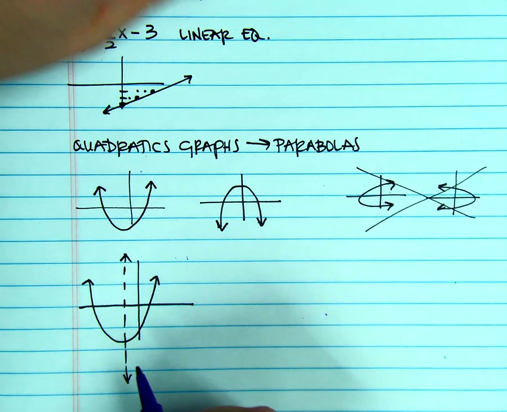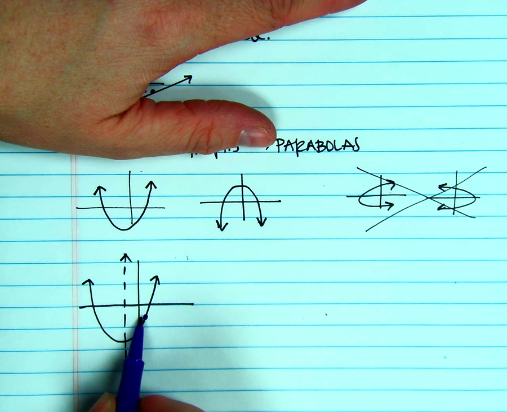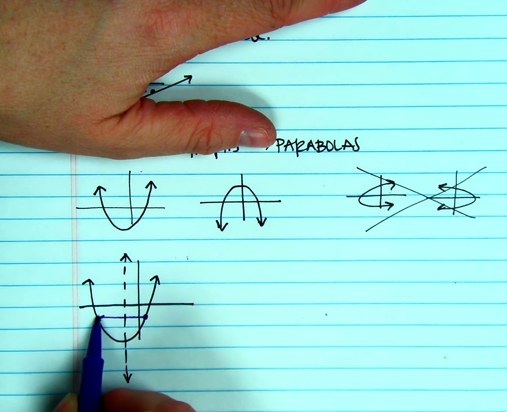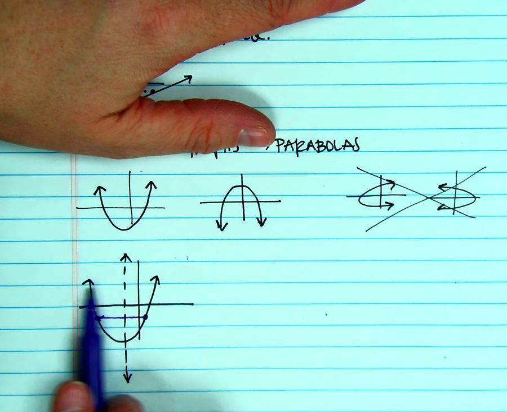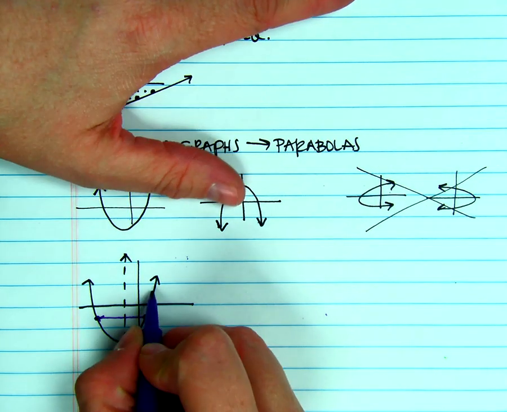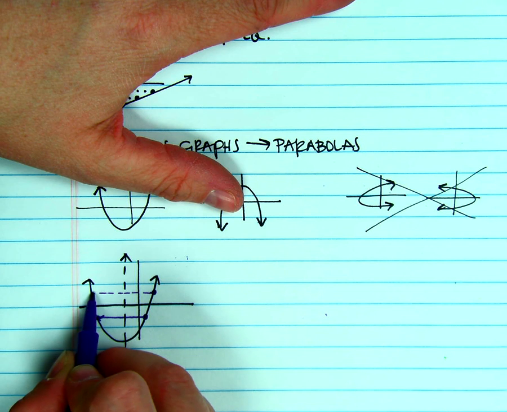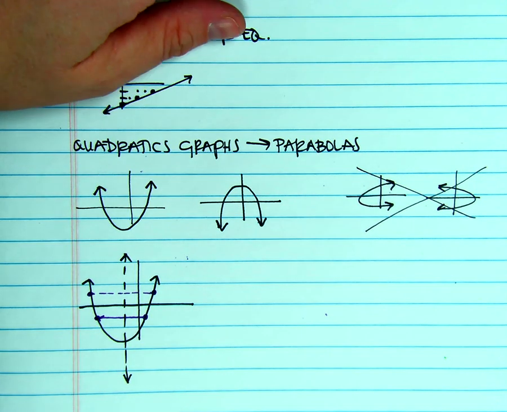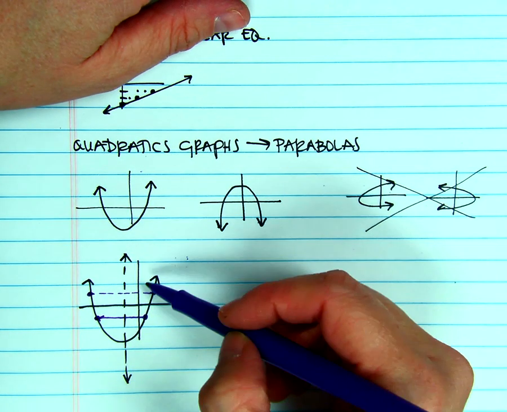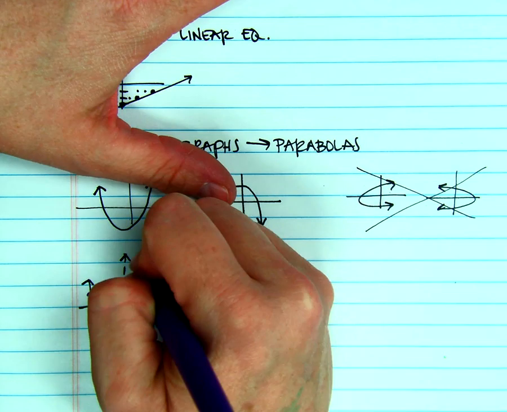So, for example, this point here, there is another point across from it that if you were to fold this parabola in half, it would be mapped onto each other. So if you had this point here, I know that there is another one right over here as well, going off the axis of symmetry. Make sure you're not following just the y-axis, but you're looking at the axis of symmetry.